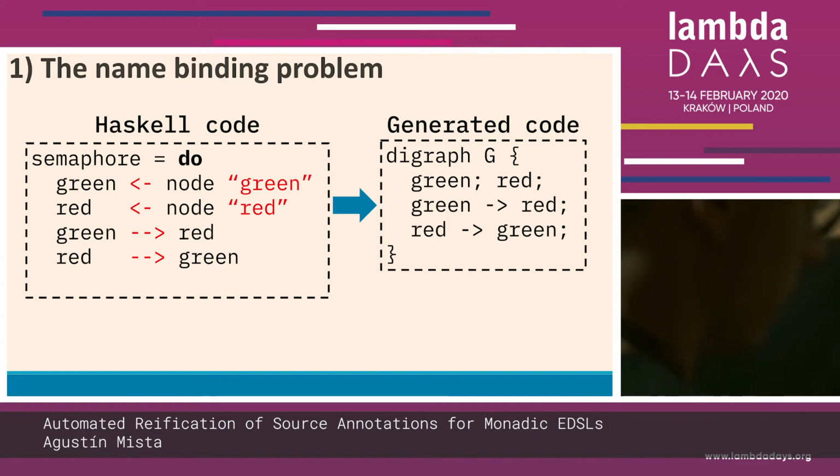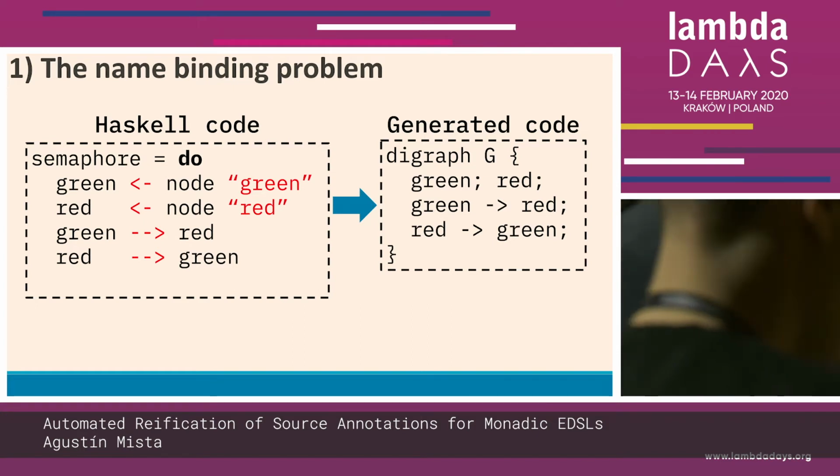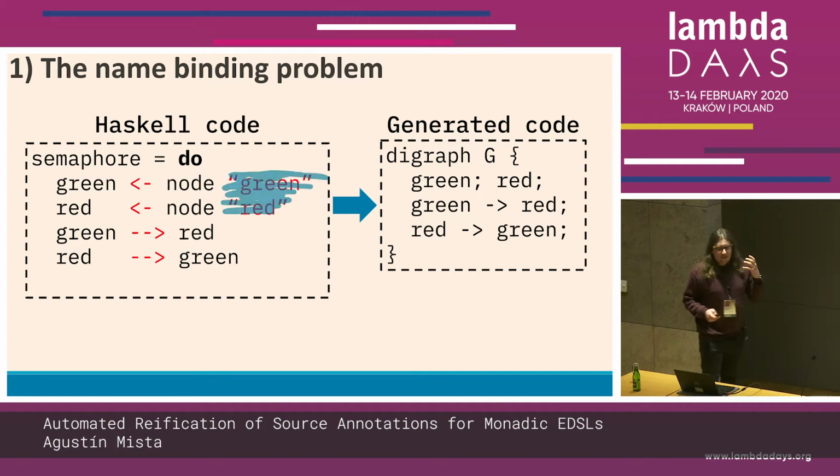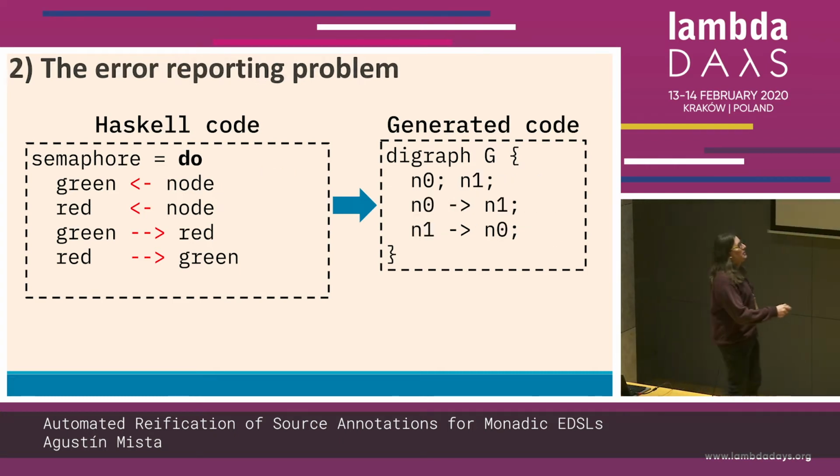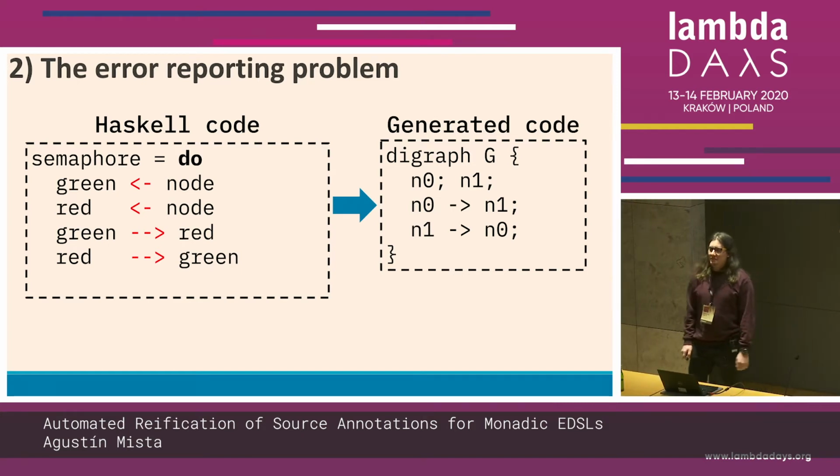We can do this very easily as the programmers of the EDSL. But at the moment of reporting this error, what is the best thing that we can report? If we don't have any information about the names or the locations, the only thing that we can say is there is a multi-edge somewhere, right? And if we are very reckless, we can also say the internal names that mean nothing to the end user. So this is a very common problem.